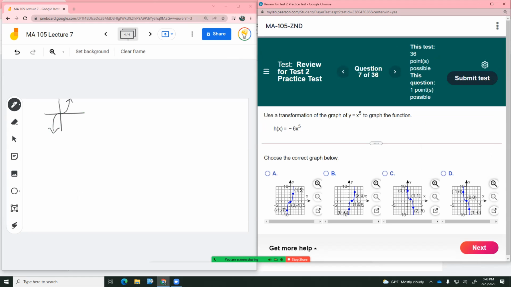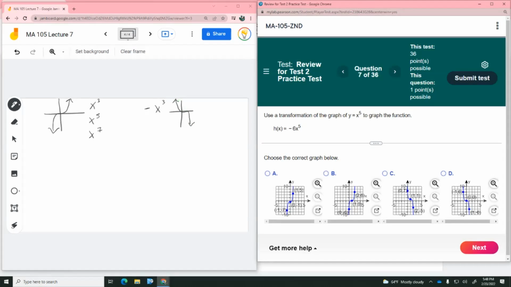And what I mean by odds, guys, is if you have like x cubed or x to the fifth or x to the seventh, you know what I'm saying? So odds should look something like that. So if I have a negative odd, like negative x cubed, then it should look like that.